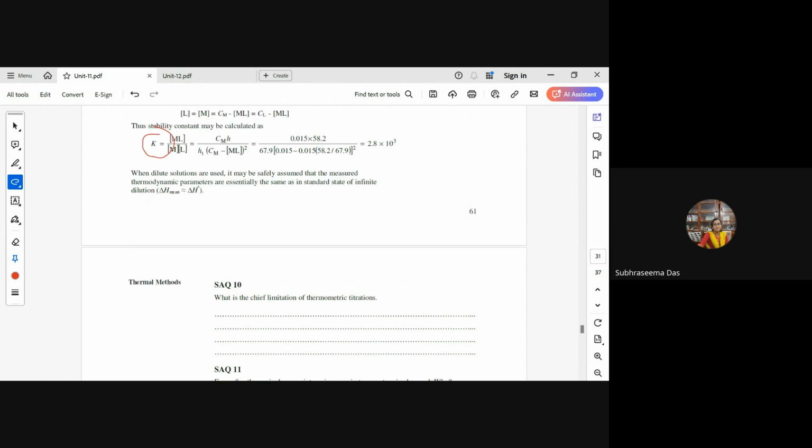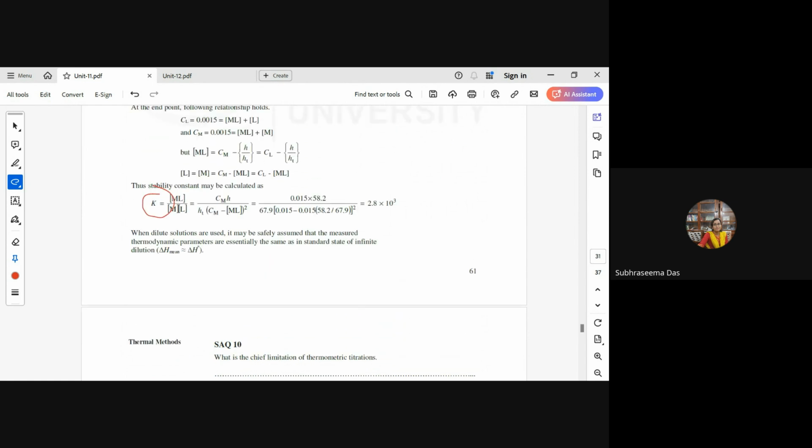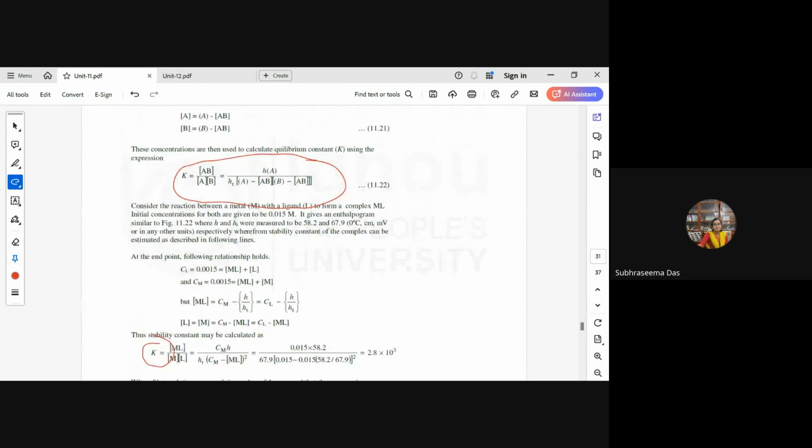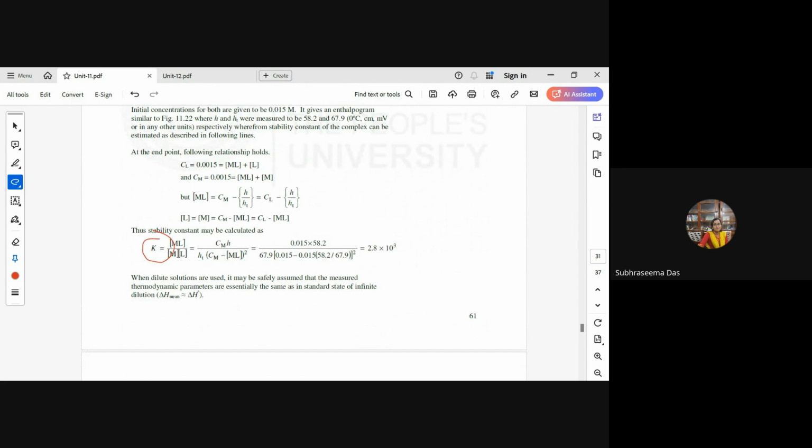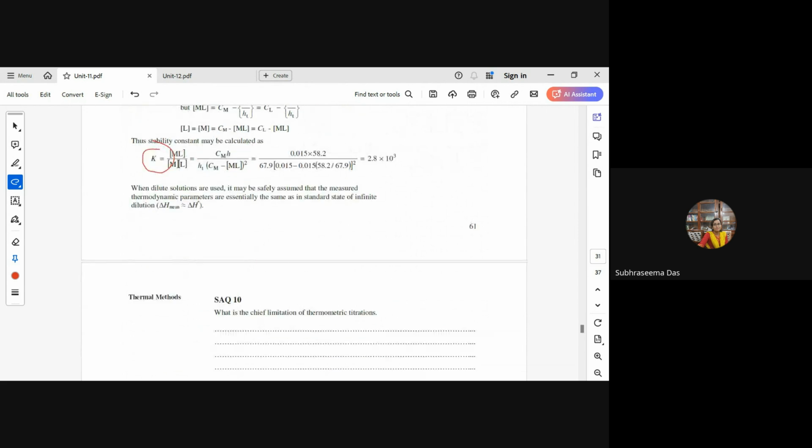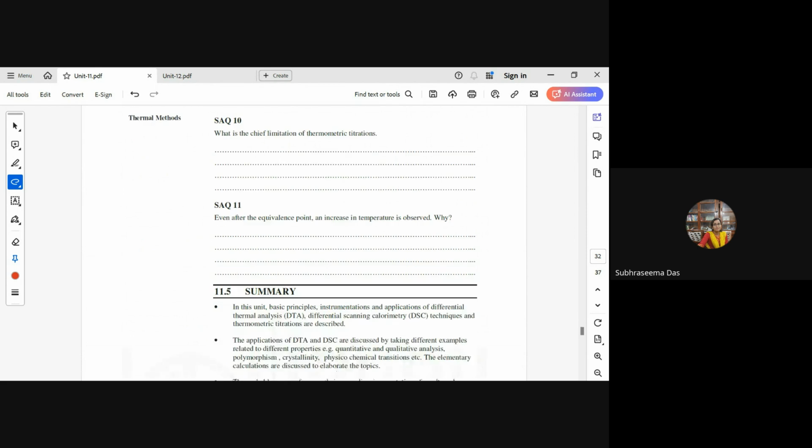So, when dilute solutions are used, it may be safely assumed that the thermodynamic parameters are mostly the same as those in the standard state. That is, delta H is approximately equal to delta H f 0. So, using these values and the particular equations, we can find out the use of thermometry in estimation.